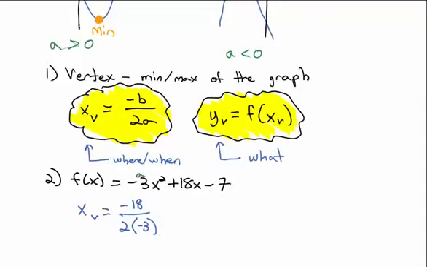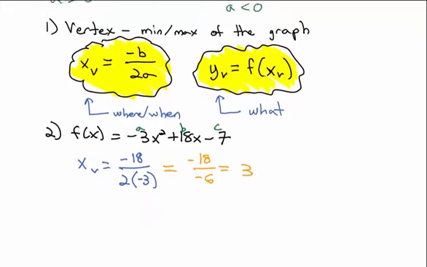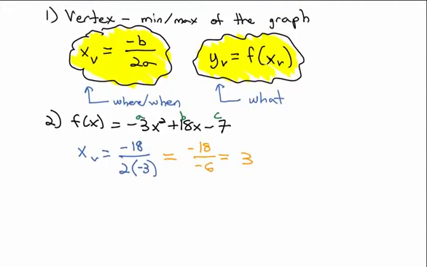Again, we get our a, b, c, just like the quadratic formula, in front of x squared, x, and the constant, respectively. And so if we simplify this, we get negative 18 over negative 6, which is simply just 3. The vertex occurs when x is equal to 3.